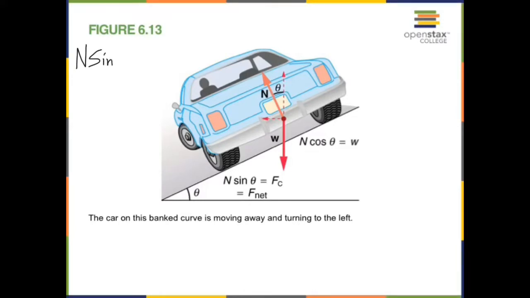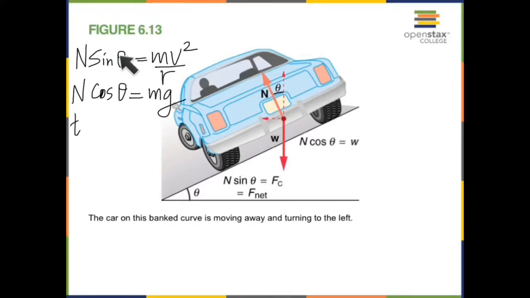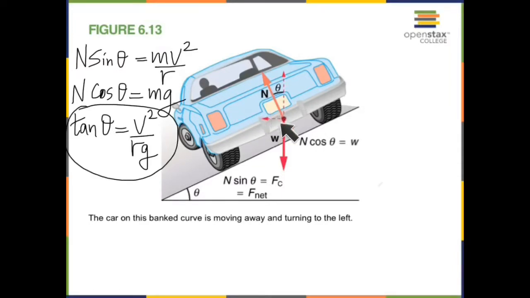So you have n cosine theta equal to the weight, and n sine theta provides the centripetal force. That's why I've written n sine theta is equal to the centripetal force. Look at that. Isn't that force acting towards the center of this circular track? Because if this is the track, the center is somewhere here. So that's the centripetal force provided by n sine theta.